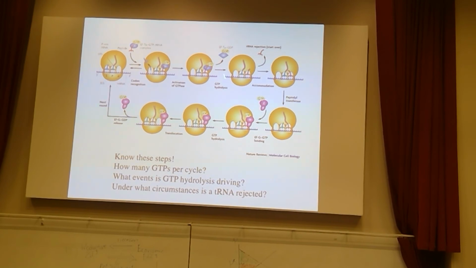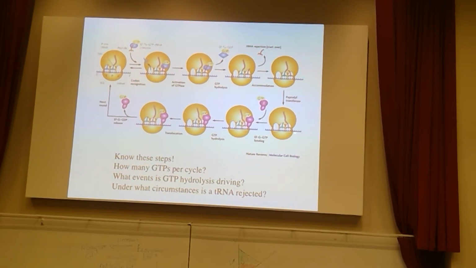If that is conducted properly, there's something called an accommodation event that swings the amino acid over onto the peptidyl site. If there is improper codon-anticodon interaction, that tRNA is rejected and we start over here.